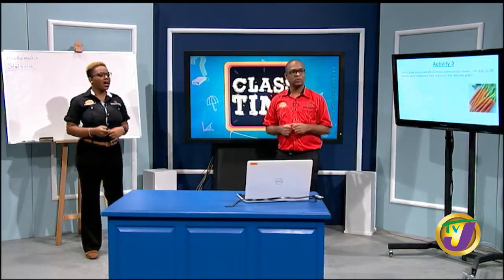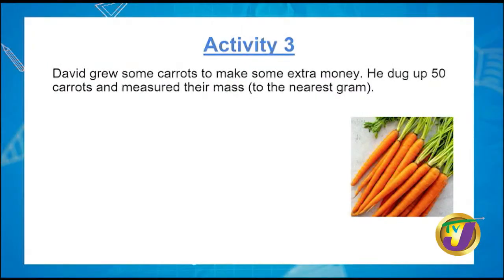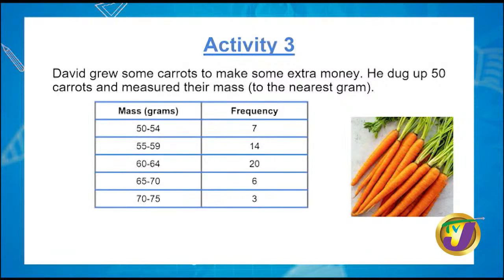All right, so here we have another activity. David, who must be my son, grew some carrots to make some extra money. He dug up 50 of the carrots and measured their mass to the nearest gram. Here I have a frequency table representing David's carrots.